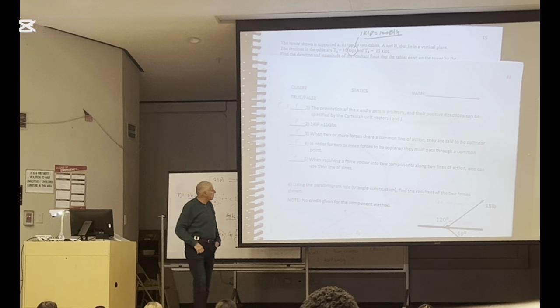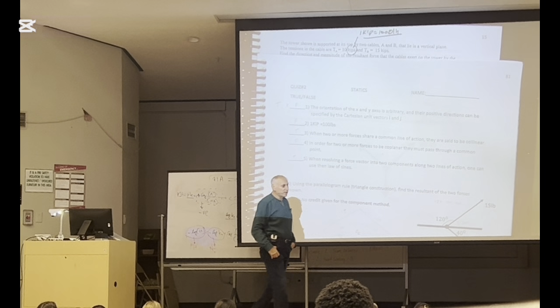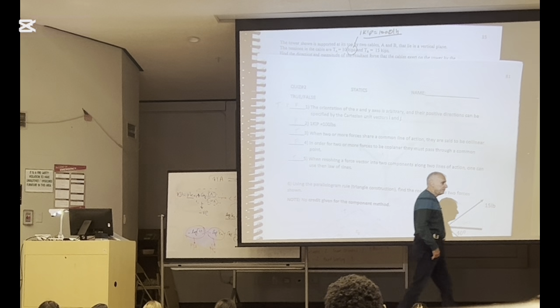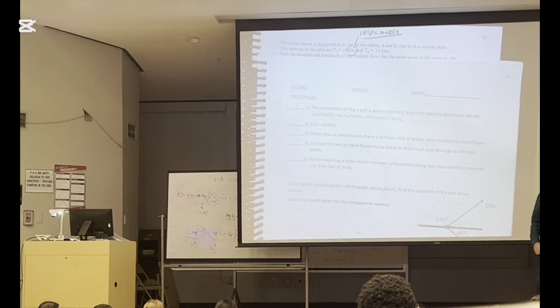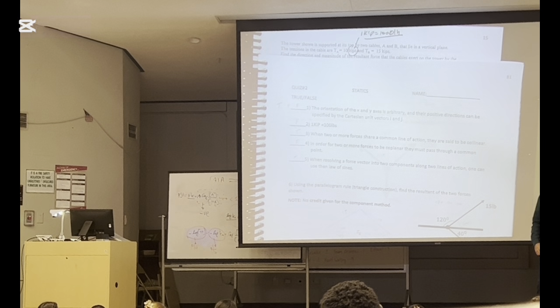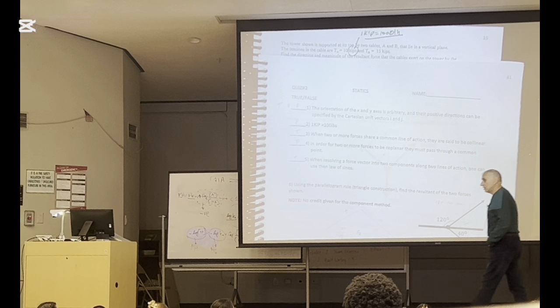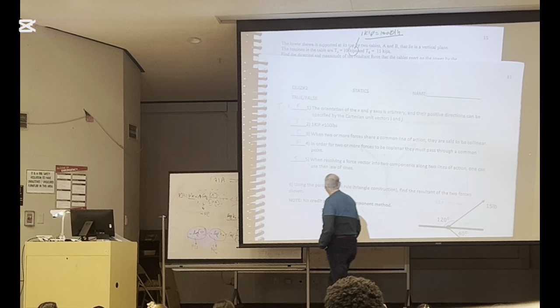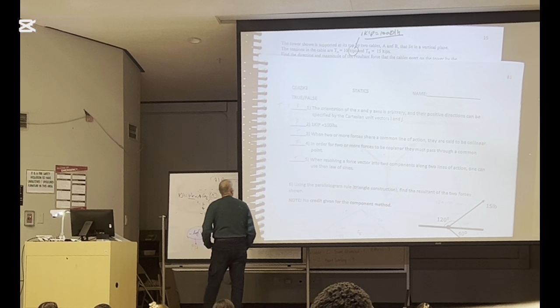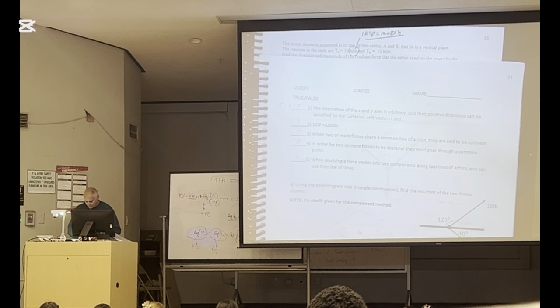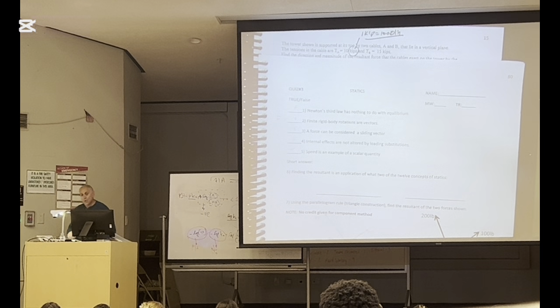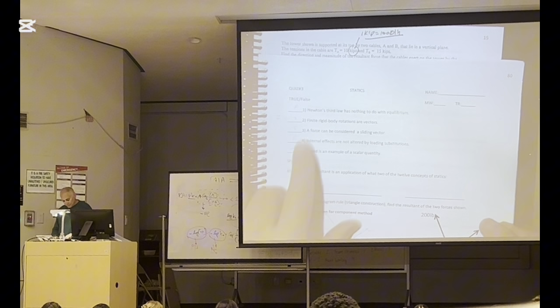Notice what question number 2 says. 1 kip is 100 pounds, true or false? If you didn't come to lecture, you would know the answer to that, would you? Oh, look at this one.